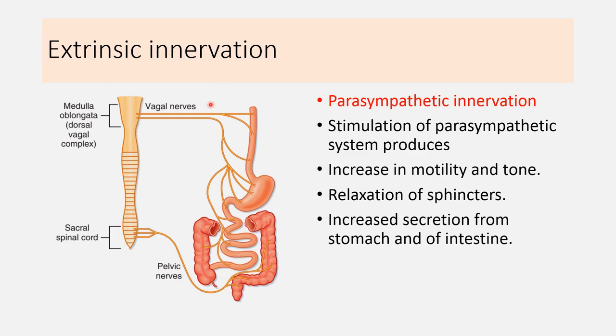The vagus nerve innervates the esophagus, stomach, small intestine and a portion of the large intestine up to the transverse colon, and the remaining part of the large intestine is innervated by pelvic nerves. Stimulation of the parasympathetic system increases the motility and tone of the gastrointestinal tract. It produces relaxation of sphincters, so it is evacuatory in nature, and it increases secretion from the stomach and intestine.